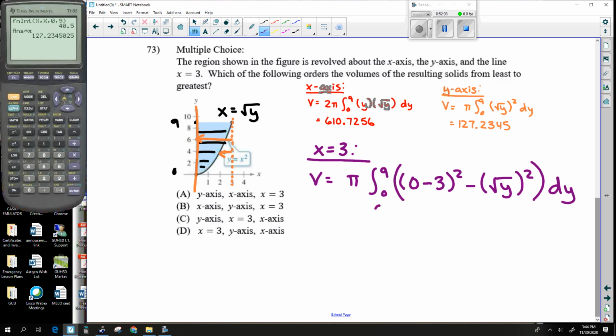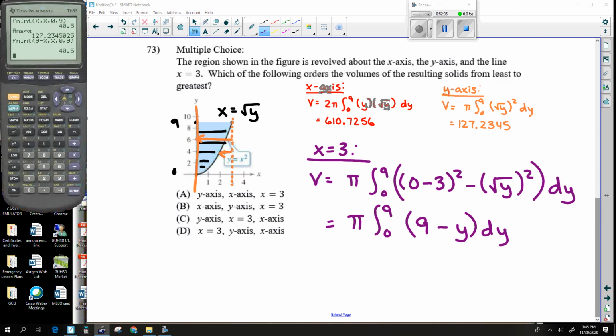So I'm going to do one cleanup step so I don't enter a bunch of garbage into my calculator. There, much more clean. All right, so here we go. We're integrating 9 minus y with respect to y from 0 to 9.